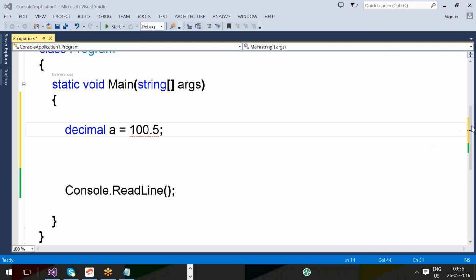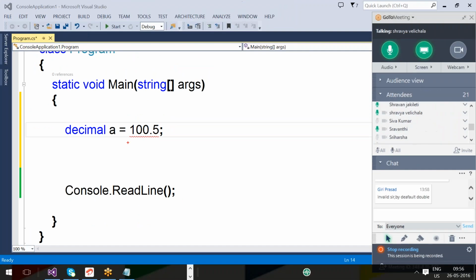Because 100.5 by default is a double value, which you are assigning to a variable which is decimal.